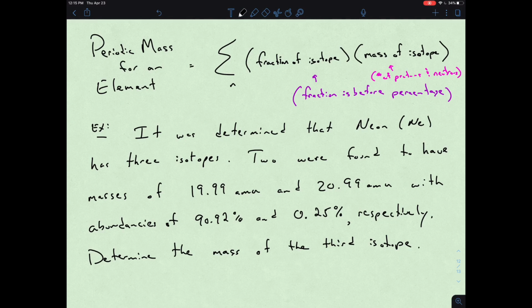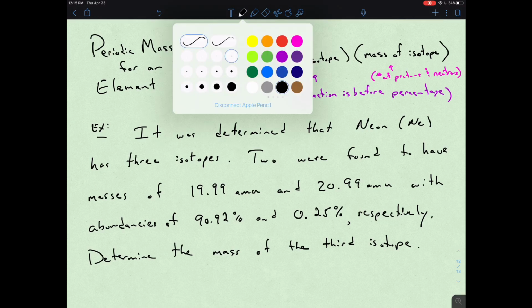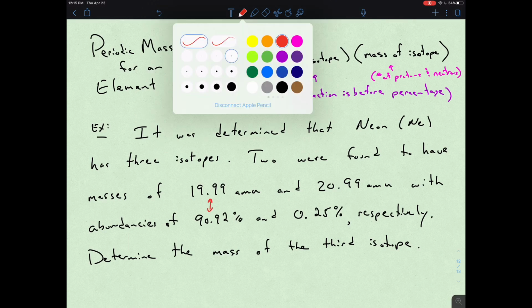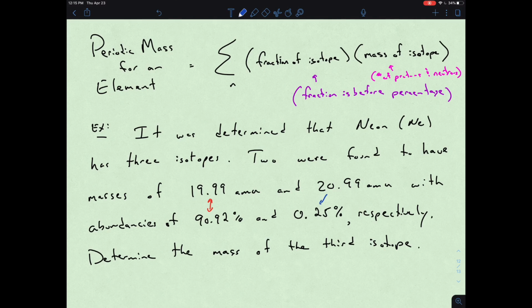So there's our question. And so we have element neon with 3 isotopes. We find that 2 have mass of 19.99 AMUs and 20.99 AMUs. The 19.99 AMUs coordinates with our 90.92%, and the 20.99 AMUs corresponds to our 0.25%.